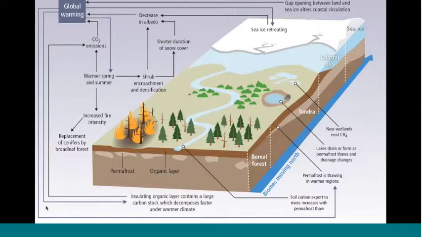And then further north in the tundra systems, shrub expansion and densification and the implications for that in terms of carbon and albedo feedbacks and energy balance, changes in lakes.